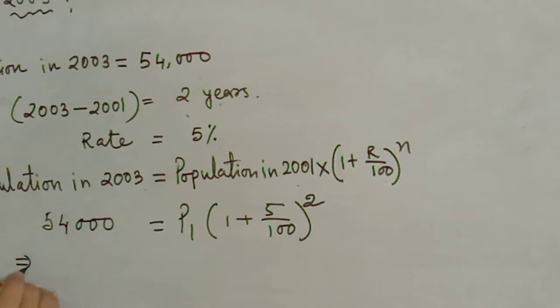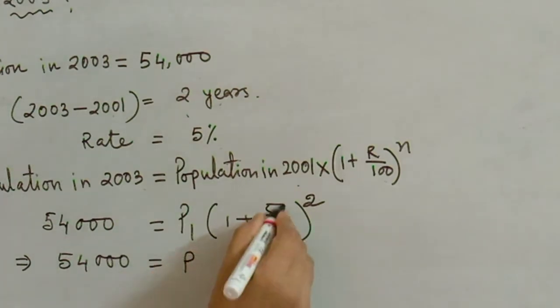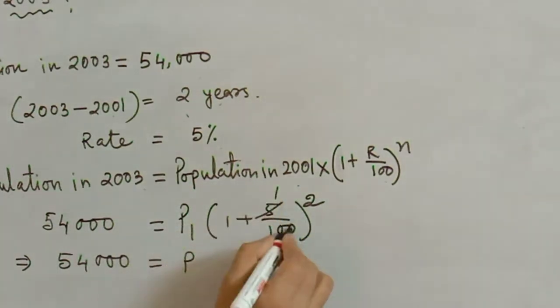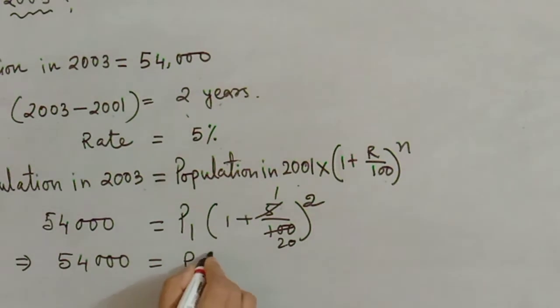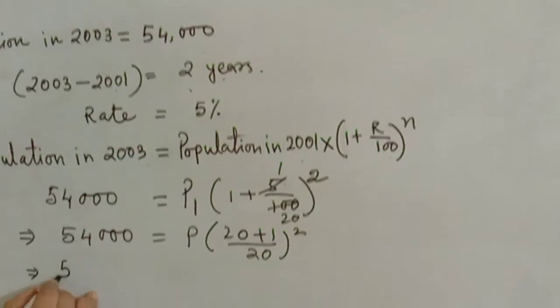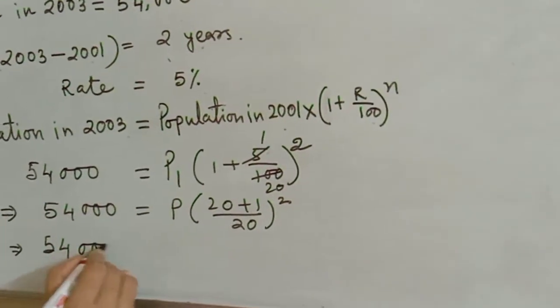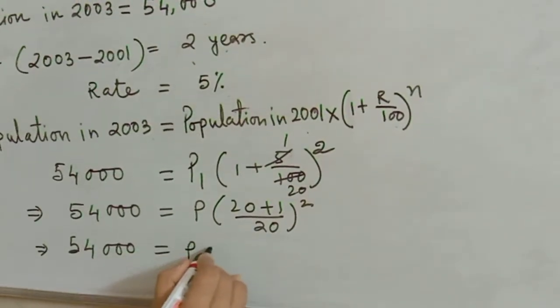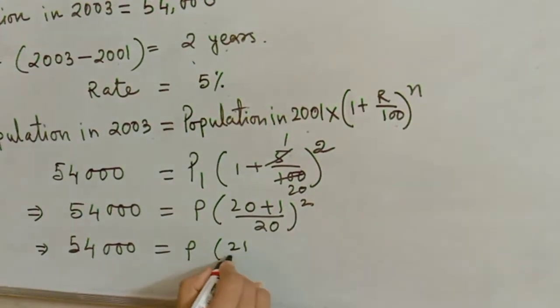Now 54,000 is equal to P1 into (1 plus 5 by 100)... 5 ones are 5, 5 twenties are 100, so (20 plus 1 by 20) whole to the power 2. 54,000 is equal to P1 into (21 by 20) whole squared.